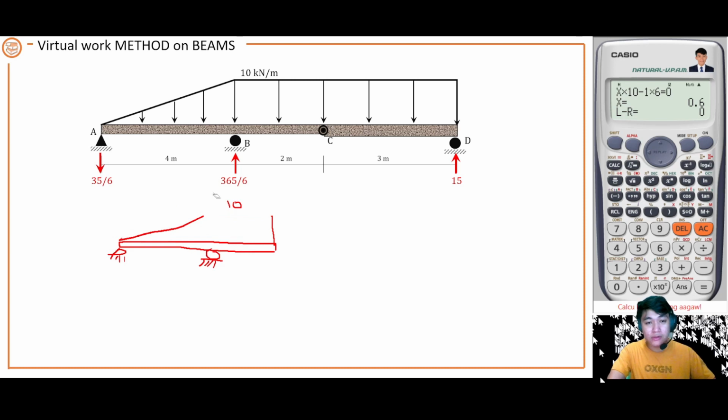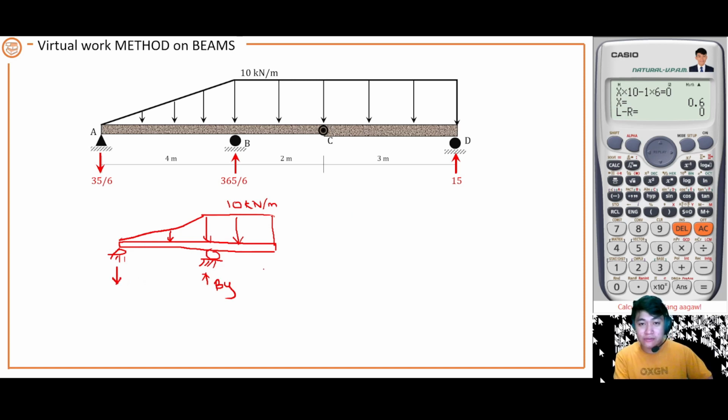Okay, so let's check if these reactions are correct. Those reactions are correct. This is 10 kilonewton per meter. So these are your loads. Okay, so let's assume this is downward, so this is AY, and let's assume this is upward, so BY. The answers are positive, meaning your assumptions are correct.